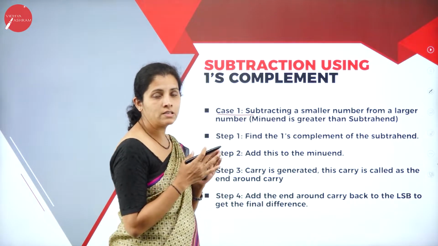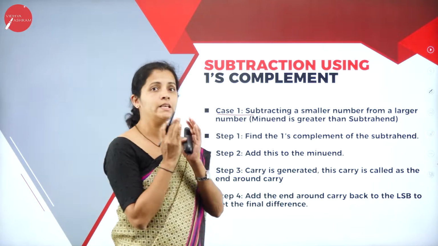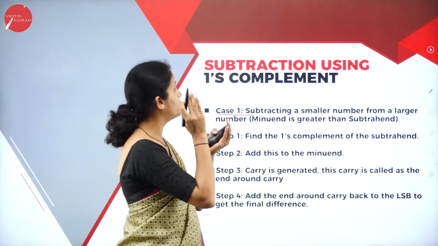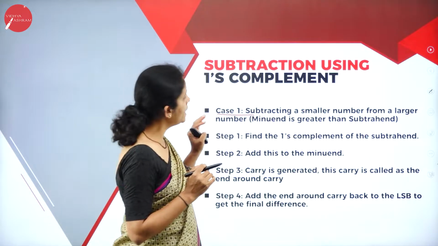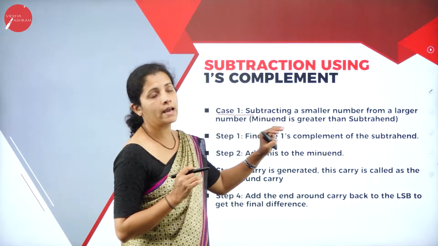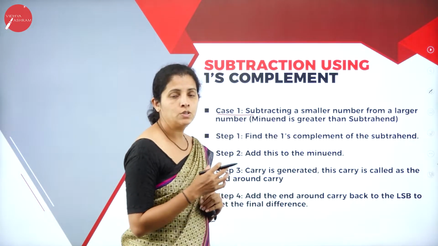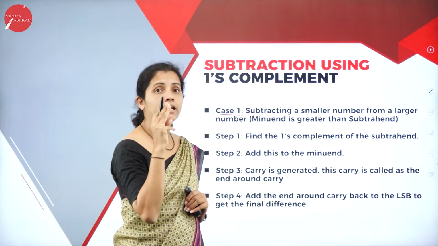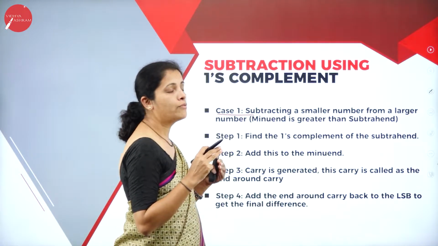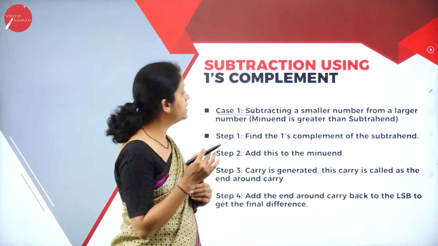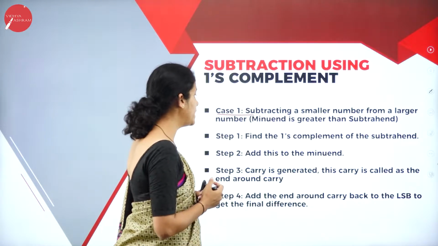So what is my first case? I'm going to subtract the smaller number from the larger number. That is, minuend is greater than subtrahend. Then what is my first step? Find the ones complement of the subtrahend.